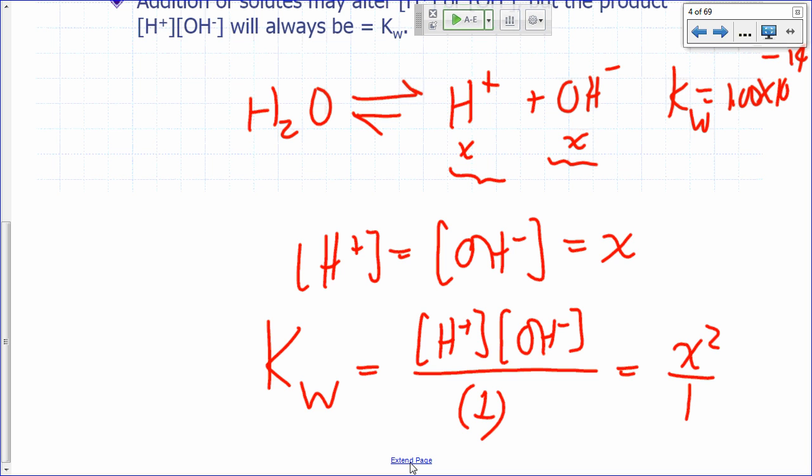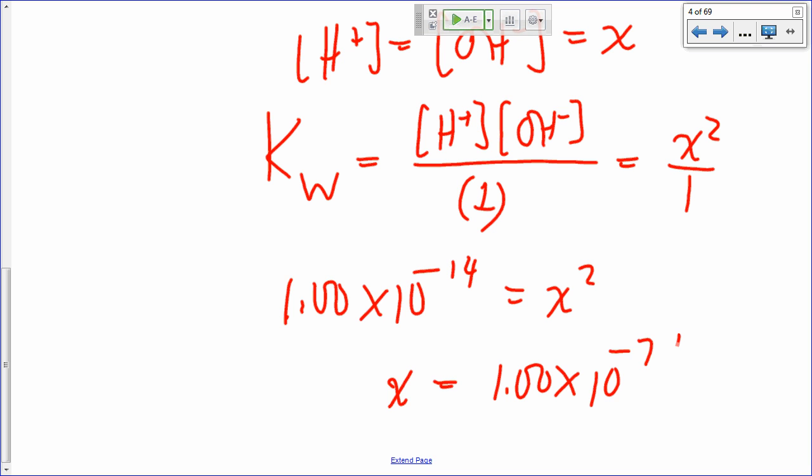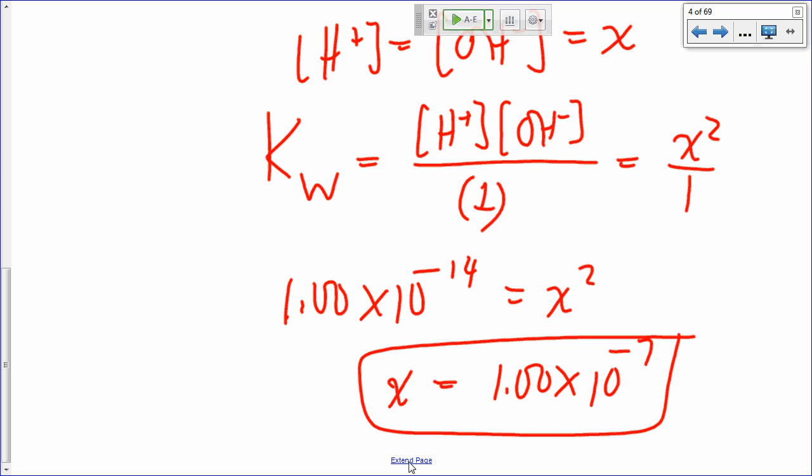So how do we solve for X? 1.00 times 10 to the negative 14 equals X squared. So that means X must be equal to 1.00 times 10 to the negative 7. So that is the concentration of H plus and hydroxide in pure water.